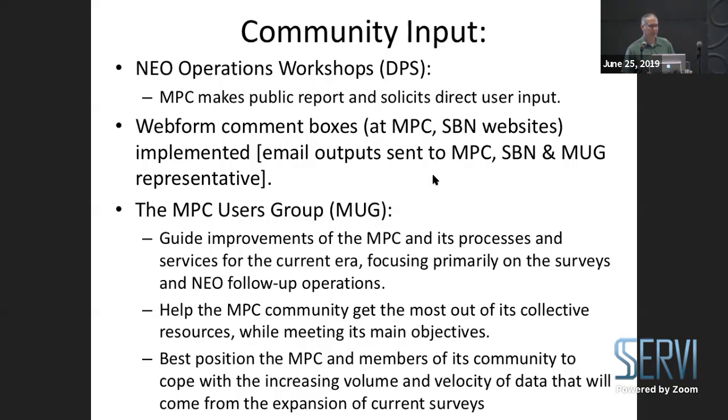It's guided improvements of the MPC and its processes, and it's a good body to engage the community through. And they're working hard to position the MPC as well as members of the community to cope with the increase in volume that's expected in the next few years.